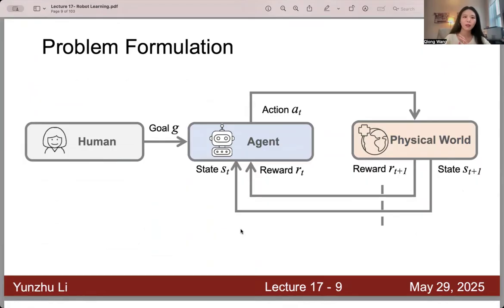This means the human gives the goal to the agent, and the agent gets the recent state and the observation from the physical world, and then outputs the action, and the physical world continues to give the reward from the last action, the state, and the state after the action.